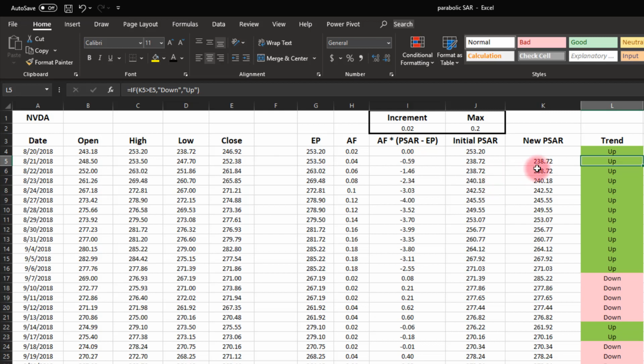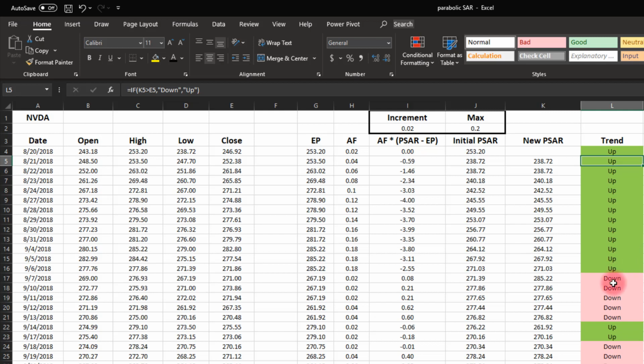So in this case, the new PSAR was 238.72, and that is less than the closing price of 252.38. And so if you look at this formula again, it's saying that if it's less than, we want to make this up. So the computer's just going to put the word up in there. And so we just continue on down through each row, and you'll see that sometimes it flips.